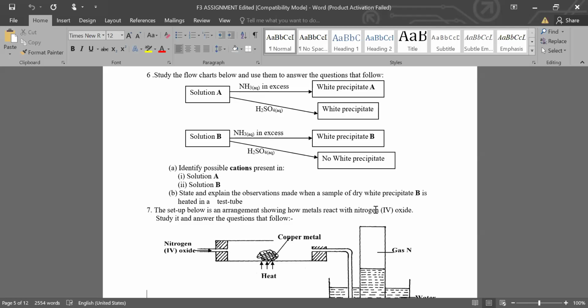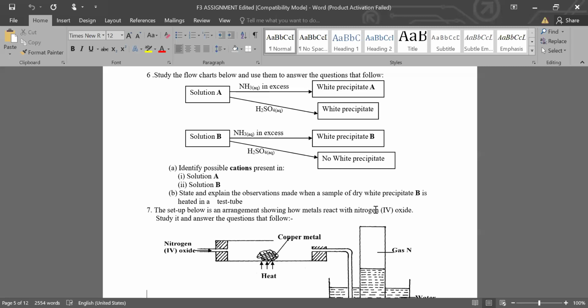B is magnesium hydroxide, and then it is heated, it will form an oxide, that is magnesium oxide. The other product is going to be water.